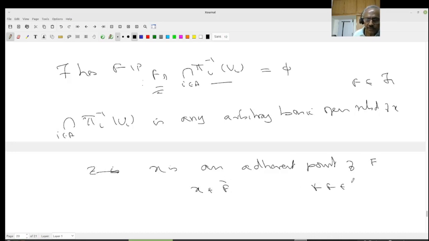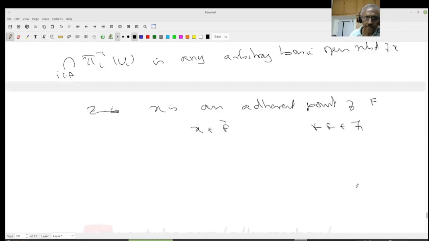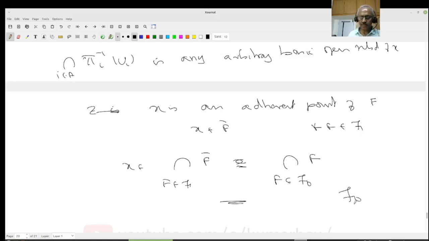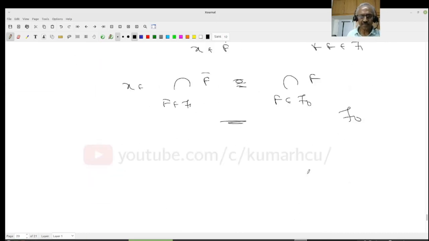This is true for every F in script F. Therefore, x belongs to the intersection of F closure, F in script F, but this is contained in the intersection of F in F naught. Therefore, the family F naught, a family of closed sets with the finite intersection property, has a non-empty entire intersection. Therefore, by the well-known result, my X is compact.